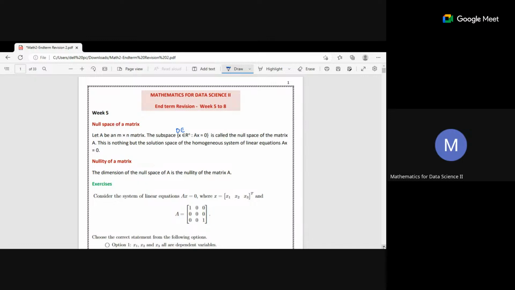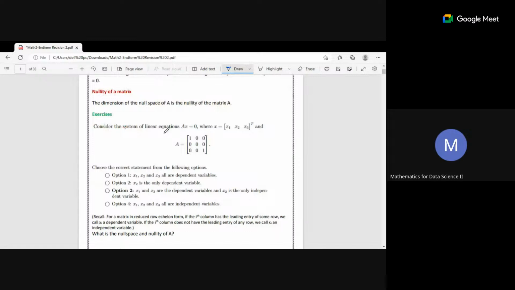If you are given a matrix like this, you know how to find the null space and nullity of A. How do you do that? First of all, you have to look at the REF form, and in the REF form, you have to look at the pivot elements. In the REF or RREF form, if the ith column has a leading entry of some row, we call xi the dependent variable.